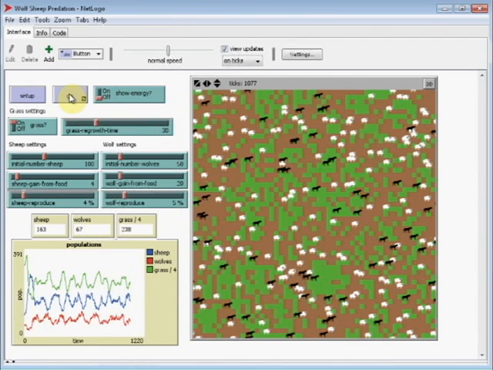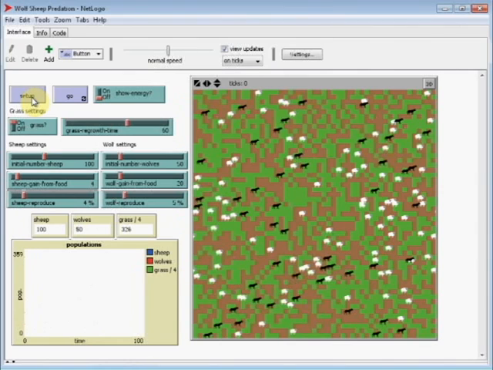Now, let's make some changes. The beauty of a simulation is that we can make changes. So let's imagine that we have a drought, and so the grass doesn't grow back so quickly. So let's make the grass regrowth time, say, 60 time units rather than 30. Now, what might you expect to happen in this case?